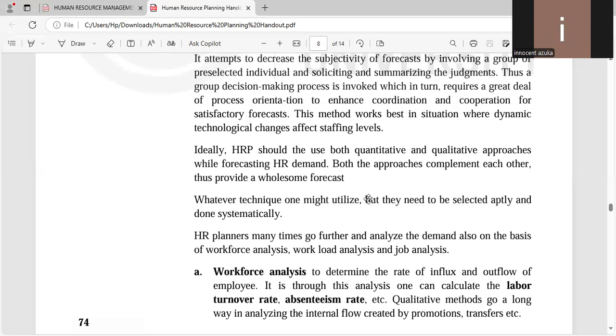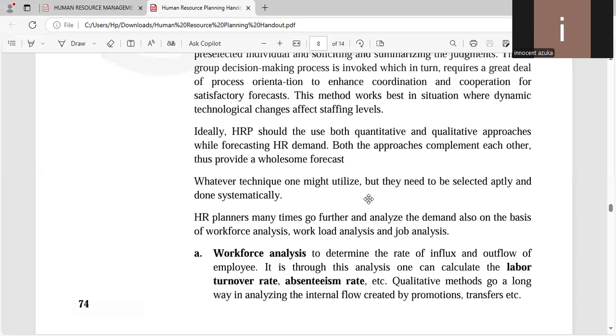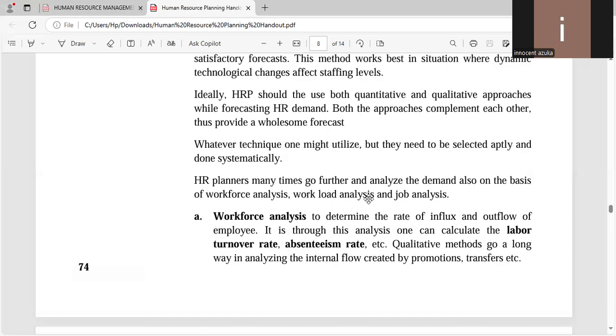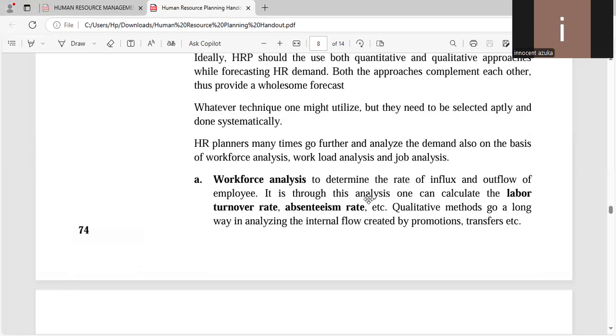Whatever techniques one might utilize, they need to be selected carefully and done systematically. So human resource planners many times go further and analyze the demand on the basis of workforce analysis, workload analysis, and job analysis.